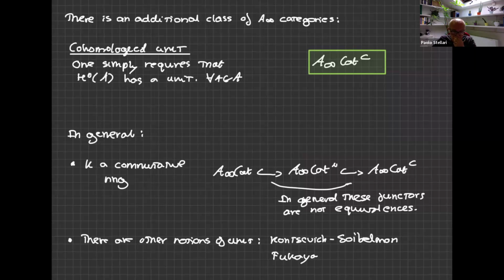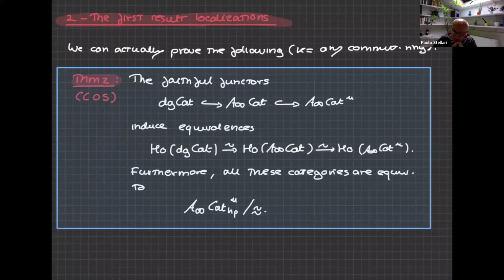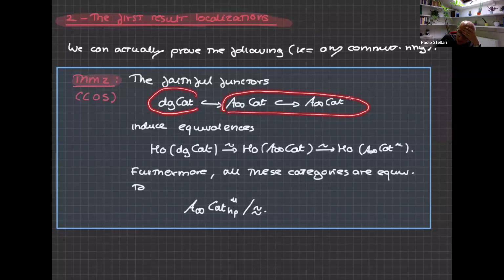Okay, so these are essentially the categories which we want to consider. Now let's go to the statement of our result, and the theorem is the one that is written up here. Of course, we have this inclusion that was mentioned in the previous slide, but we already know that dg categories are special examples of infinity categories.